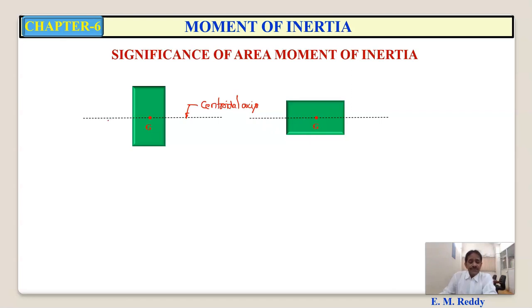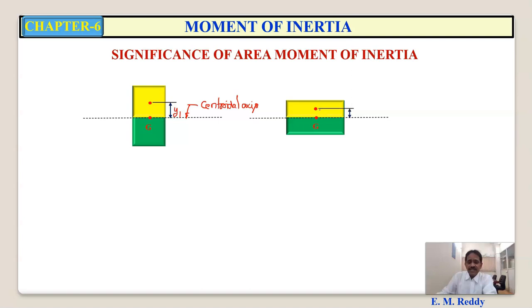Now if you take the second moment of area about this centroidal axis for these two sections. So I am taking moment of the area about the centroidal axis. So the centroid of this portion of the area will be at its midpoint, right? Similarly here, the centroid of the upper portion of this area, which is in yellow color, midpoint is its centroid. So the distance of centroid of this area from this axis is, say, y1.